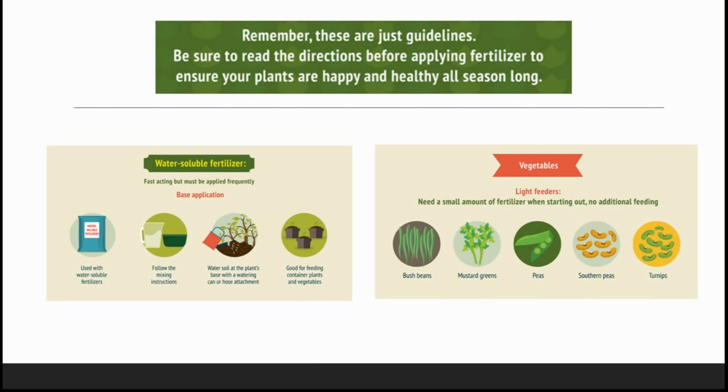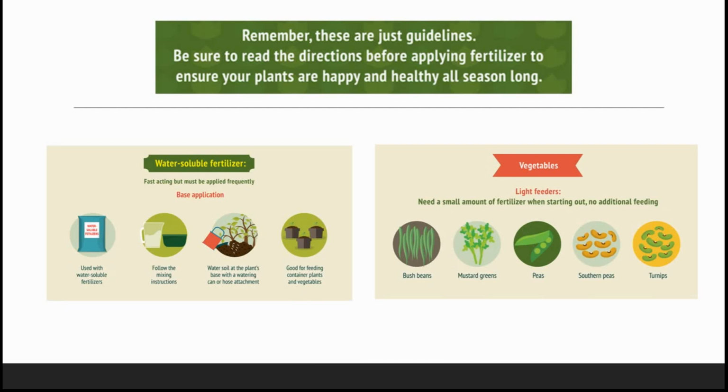Good for feeding containers, plants and vegetables. Now, vegetables that are light feeders need a small amount of fertilizer when starting out. No additional feeding. They are like bush beans, mustard greens, peas, southern peas or turnips.